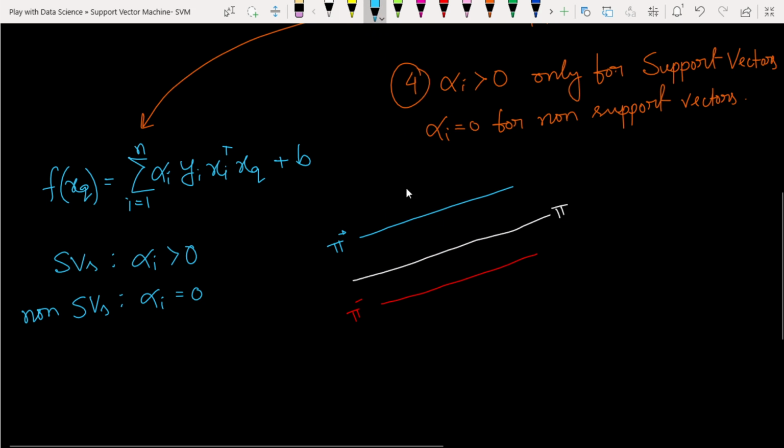Our support vectors will lie on these planes, and non-support vectors lie here and here, and for positive points they lie on this region.